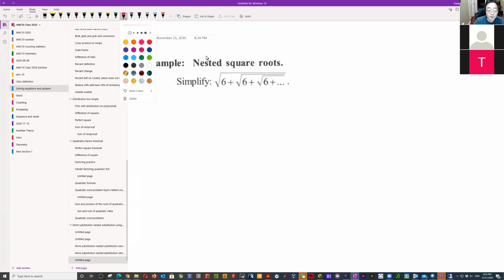In order to simplify it, we can just assume the whole thing is equal to x. Is that right? Then we can square both sides. If we square both sides, we get 6 plus square root of 6 plus square root of 6 plus square root of 6 plus dot dot dot, because it has infinite levels, and this is x squared.